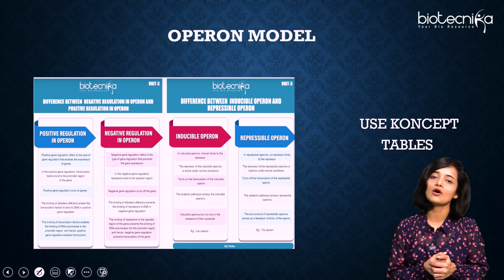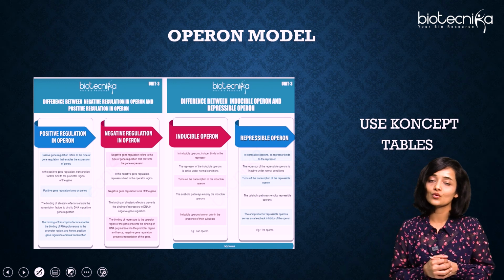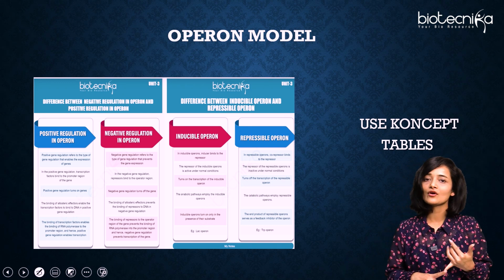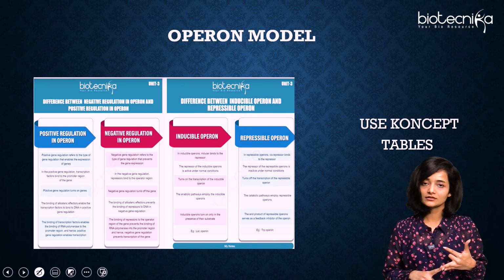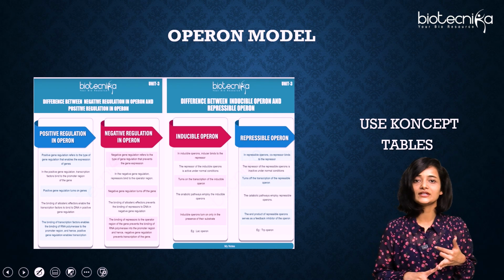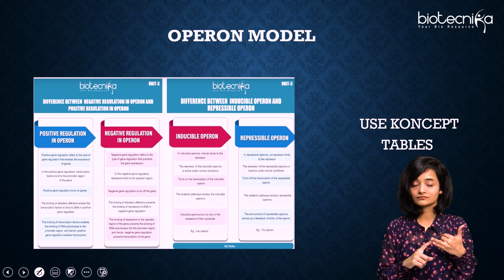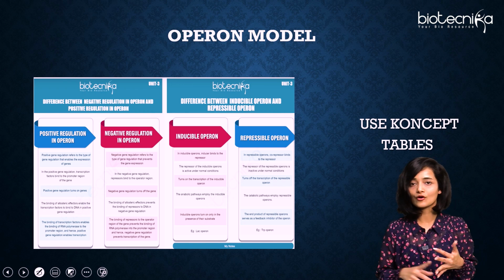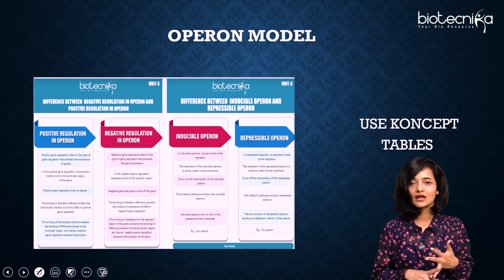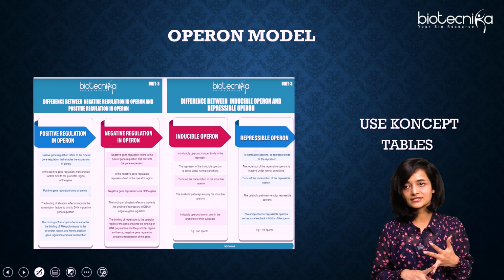For the OPERON model, as I have told you earlier, lac operon and trp operon are very important. In lac operon also, you need to know all the genes involved, and their different roles and functions.